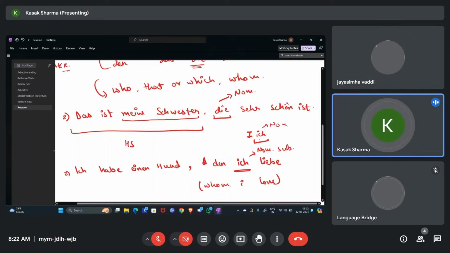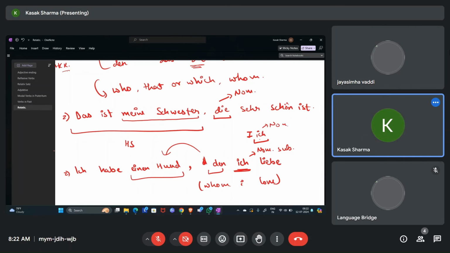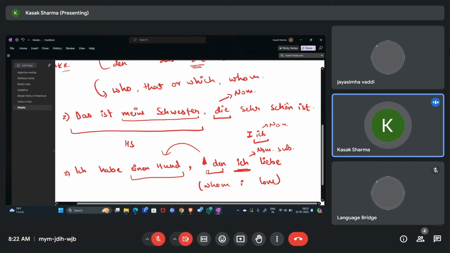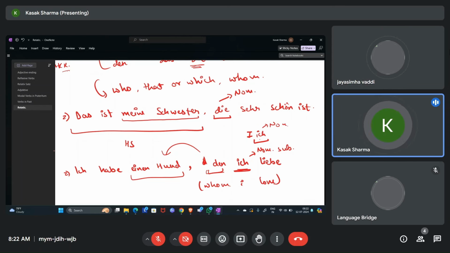Now, this ich is already present as a nominative subject. So my relative pronoun, which will be talking about my einen Hund, which will be additional information about the dog, cannot be in nominative, as in I cannot write here der ich liebe. It will be wrong.